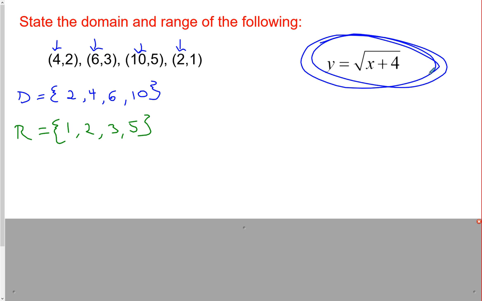Okay, so hopefully you said there's a +4 that's in with the x. That means it's going to move it horizontally. I remember the plus actually moves it in the opposite direction, so that's going to move it to the left 4. So it's going to actually start with an x-coordinate of -4 instead of an x-coordinate of 0.